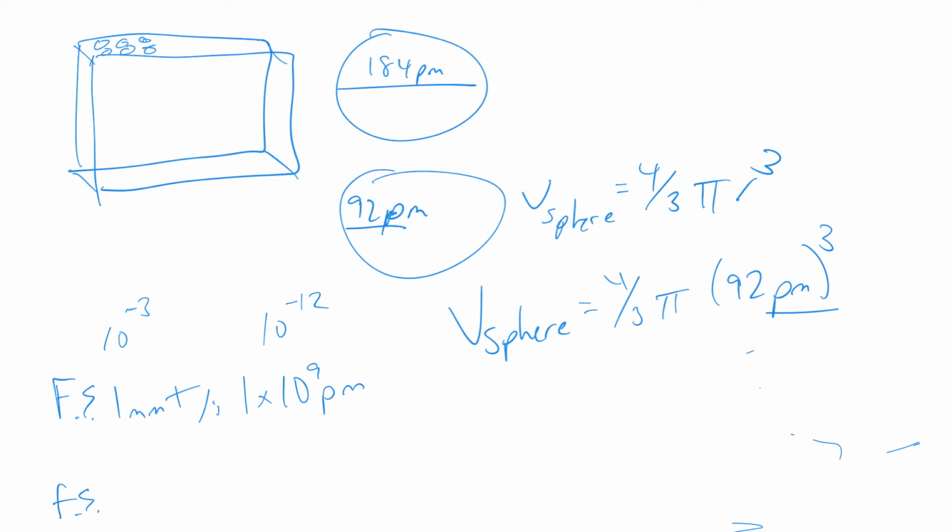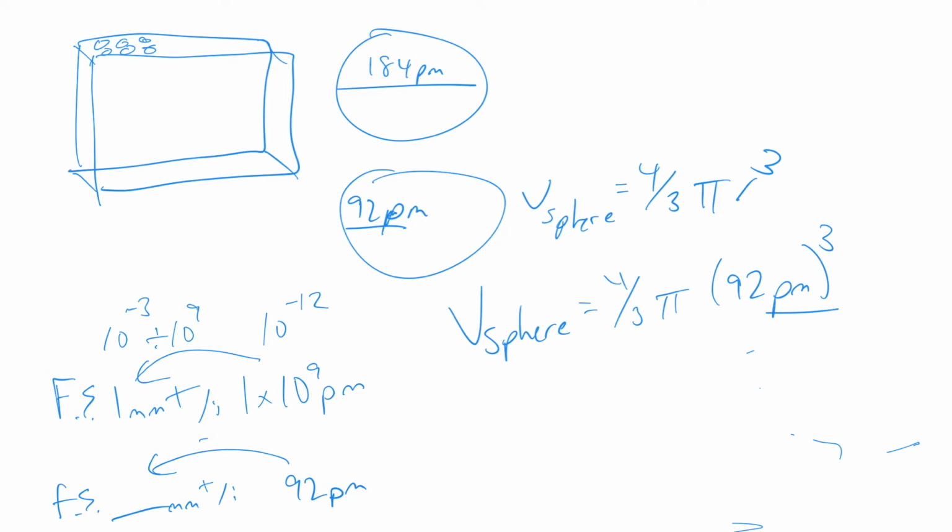So we've got 92 picometers. So to get from here to here, I'd have to divide by 10 to the 9th.